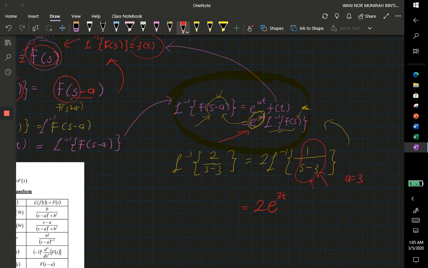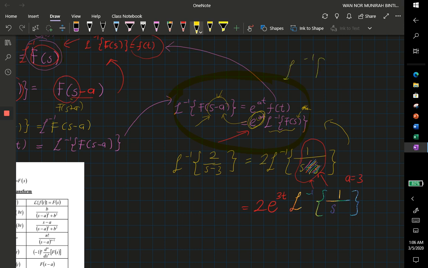When you take out e^(at), you need to erase the a at your s minus a. So I just erase this one because I already took out 3. What's left? The function left is 1 over s. So it matches our definition here.